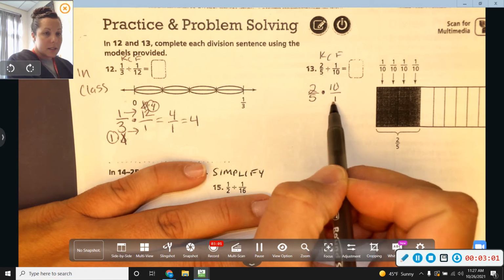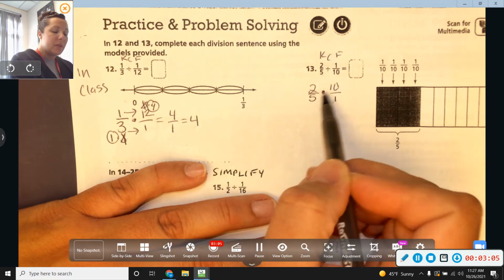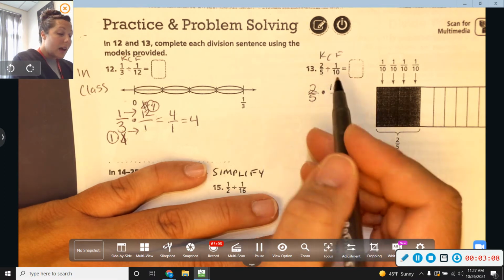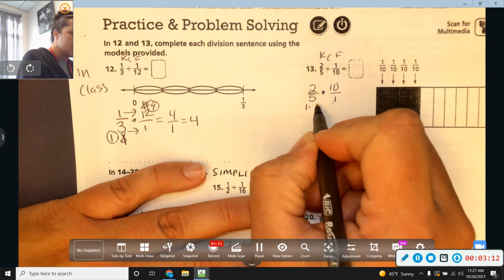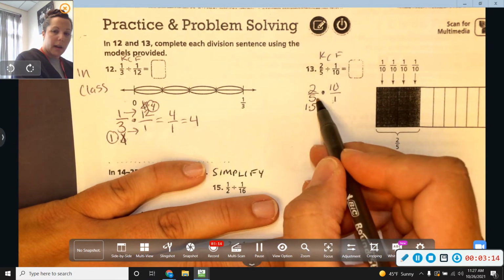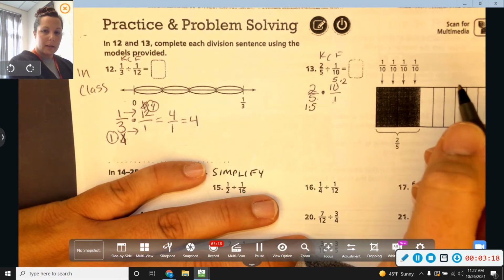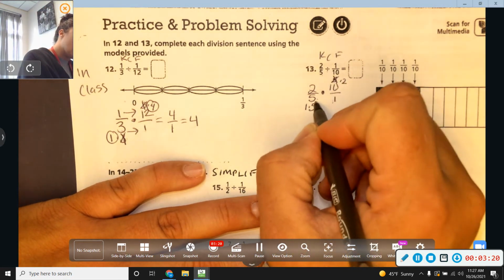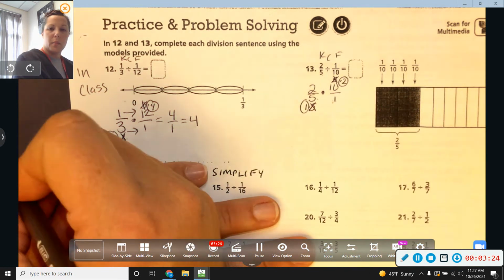Okay? 1 is as low as it goes, so I can't get this one smaller. But I can reduce 5 and 10. I can divide a 5 out of both of those, and I know that because 1 times 5 is 5, and 5 times 2 is 10. So I can cross off the one that's alike and keep the other number.